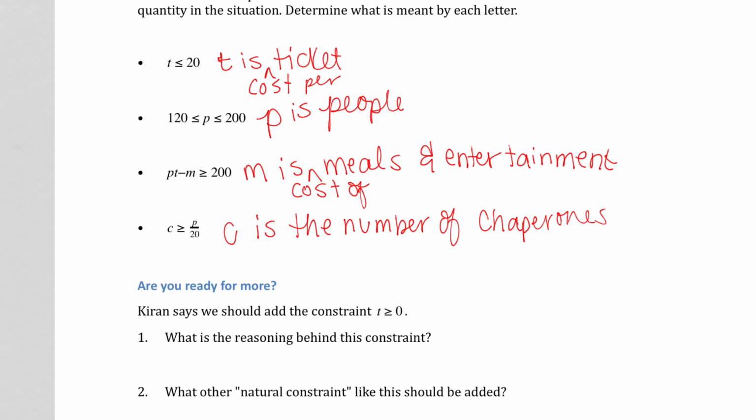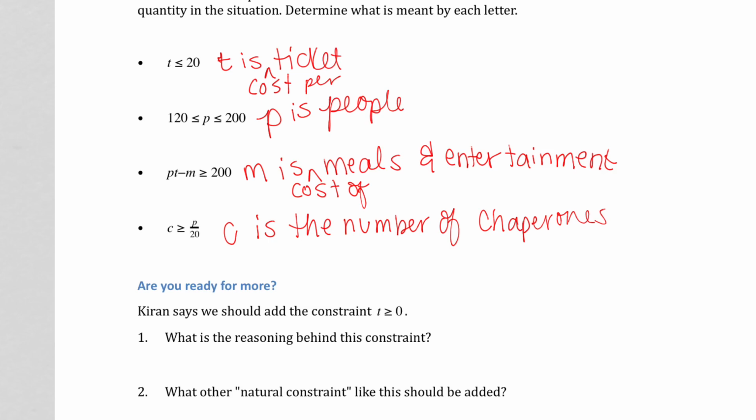So why could we say 0 is a constraint there? Can a ticket be $0 if you need to make a profit?